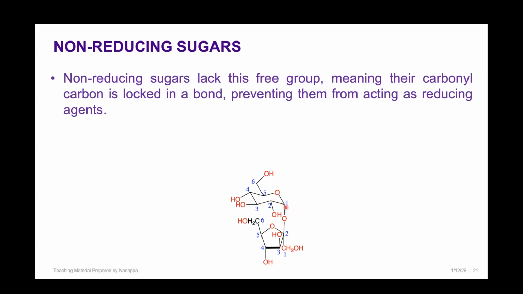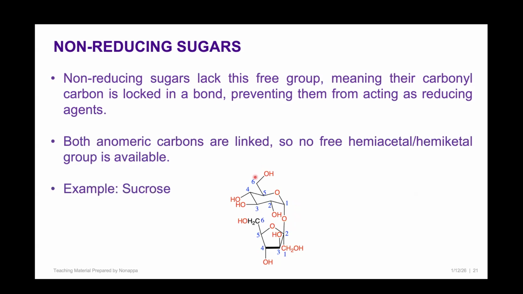They cannot open to form the open chain form, which prevents them from acting as a reducing agent. Sucrose, for example, has both anomeric carbons locked. There is no free hemiacetal available. That means it is a non-reducing sugar. So the reducing sugars have hemiacetals, and all acetals or ketals are non-reducing sugars.